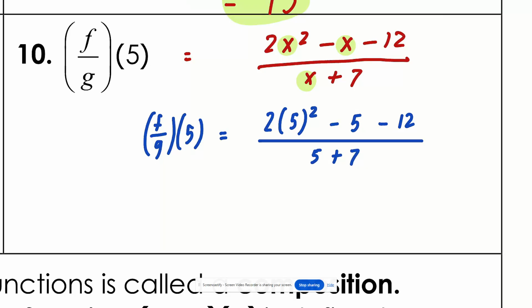So I would encourage you to use your alpha y equal key to get your fraction bar. Alpha y equals number 1. And then up top, put 2 times 5 squared minus 5 minus 12. And in the bottom, put 5 plus 7. And let your calculator do its work. And it'll give you a weird answer, and that is 33 over 12. And that is f divided by g of 5.